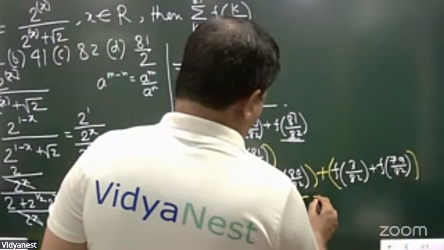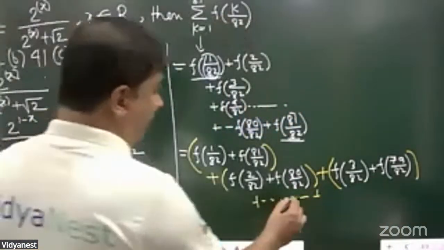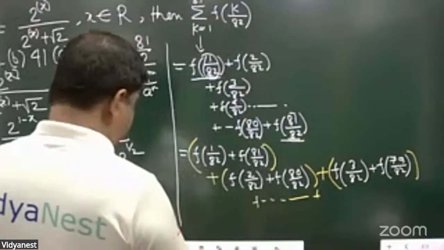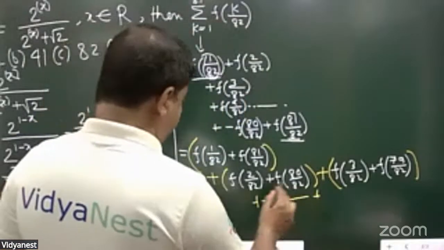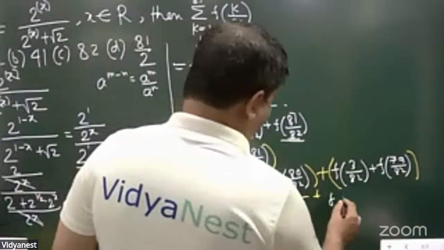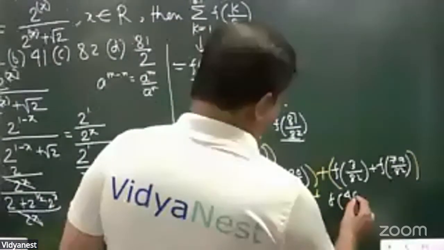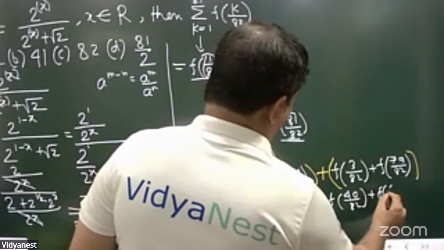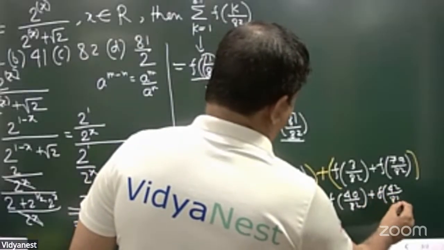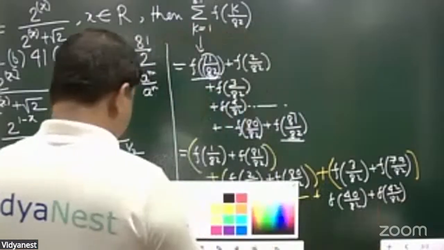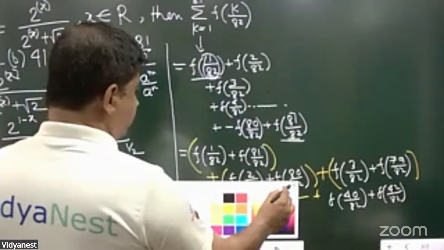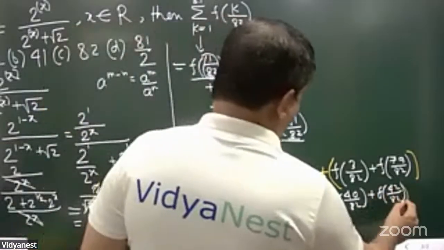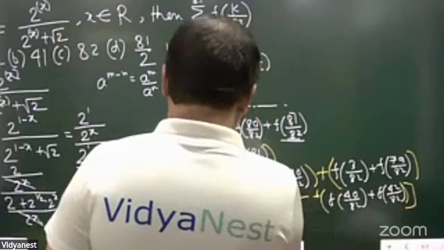The series goes on, and once f(40/82) plus f(42/82). All groups.